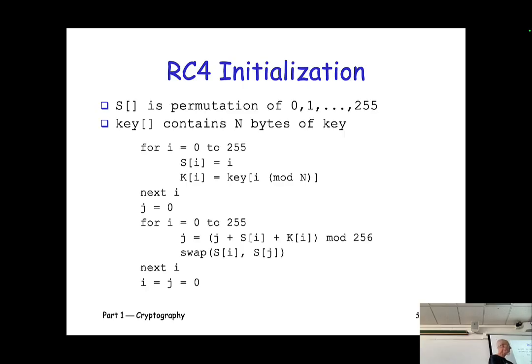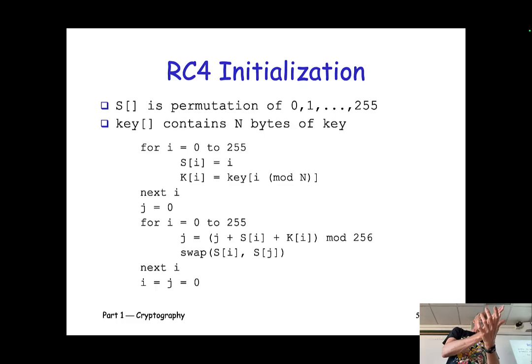The index j depends on what's in the permutation at any given time and the key. So I get two indices, and then I take those two elements that correspond to those indices and swap them. Again, by swapping elements, I still have a permutation. So this S is always going to be a permutation. Once I'm done with that process, I reset these indices i and j to 0. Okay, that's just the initialization. I've just scrambled that permutation.